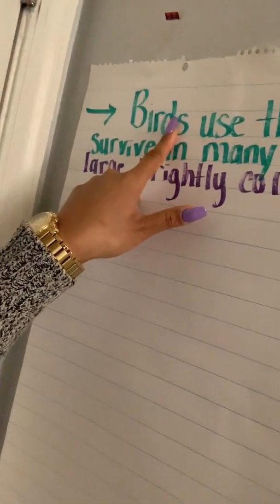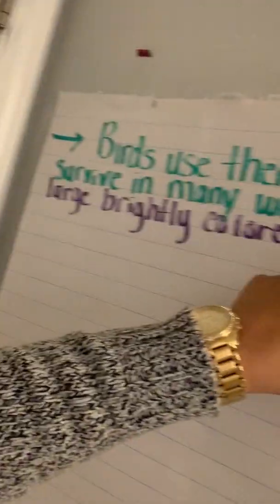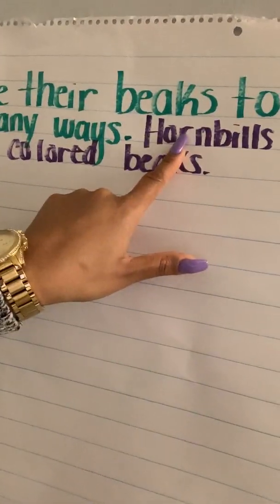It helps it be able to eat and fight off people who are trying to hurt it. So I've already gave my focus statement, which is in green. I've told what the bird's beak looks like, which is in purple. And now I'm going to continue in purple with my detail and tell what the bird does.